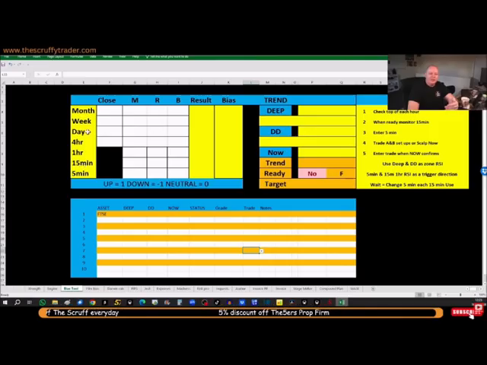So there are essentially 4 scoring points. And what it means is, if you had the 15-minute, hour, 4-hour and day, all of them say buy, it's an A trade. If 3 of them say buy, it's a B trade. If 2 of them are saying buy, it's a C trade. And if there's only 1 of them, it would be a D trade.